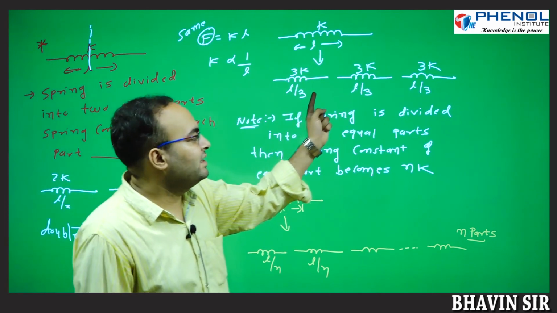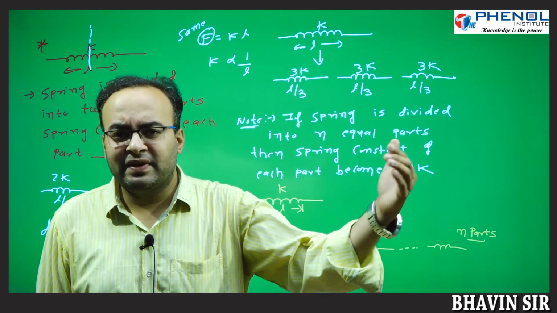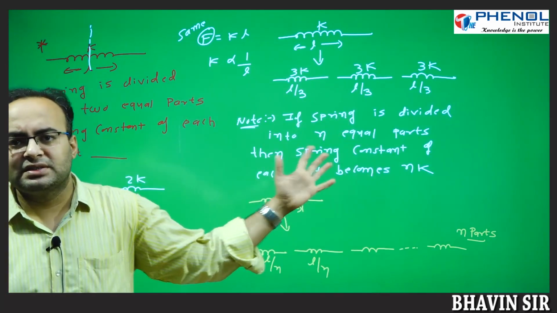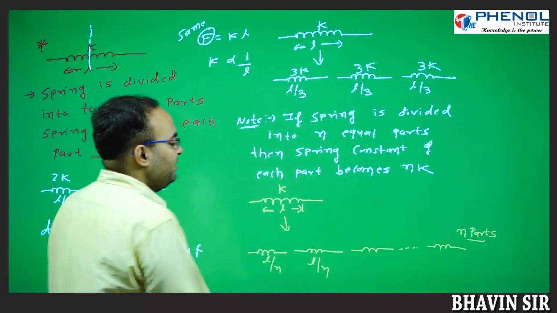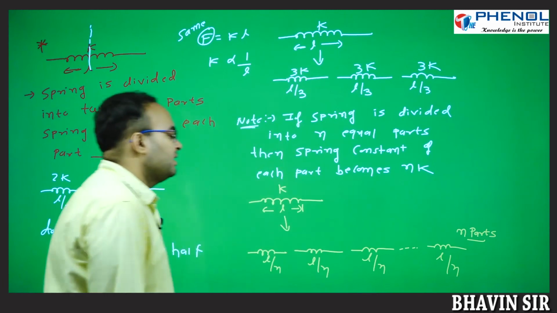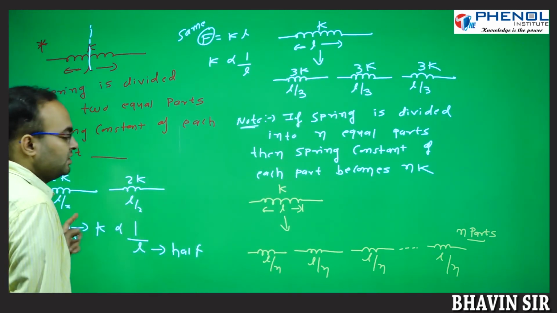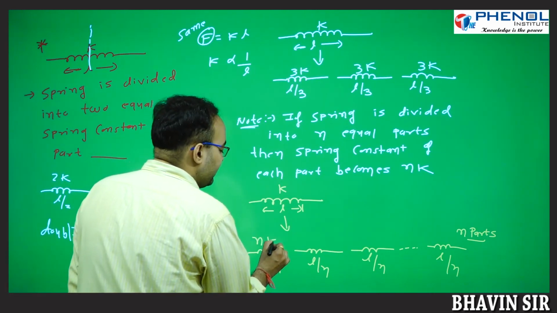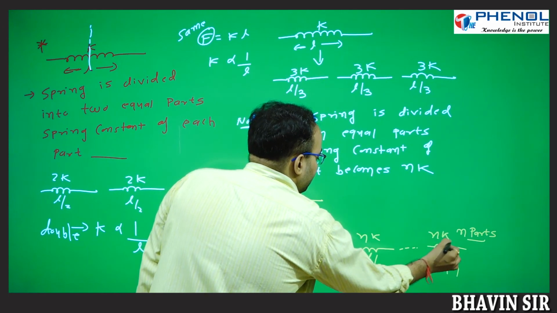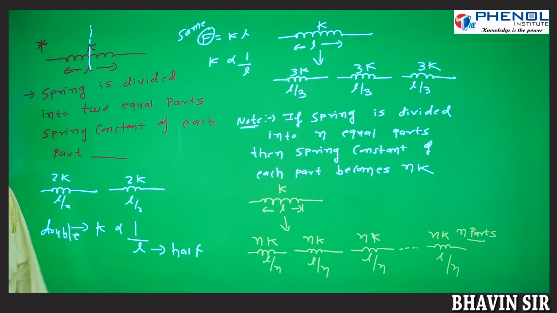If divided into 3 parts, then L by 3 each. If divided into 4 parts, then L by 4 each. Here the spring is divided into n parts, so L by n each. And what is the spring constant then? Inversely proportional, so the spring constant becomes nK each. So remember this, K is inversely proportional to length.